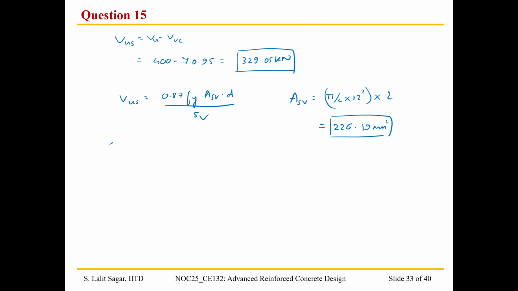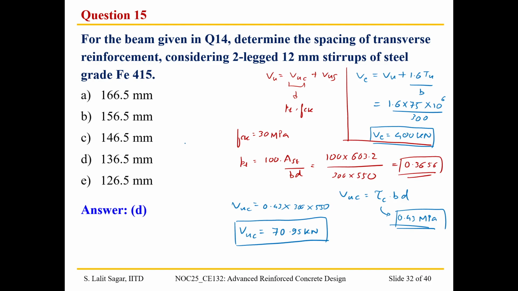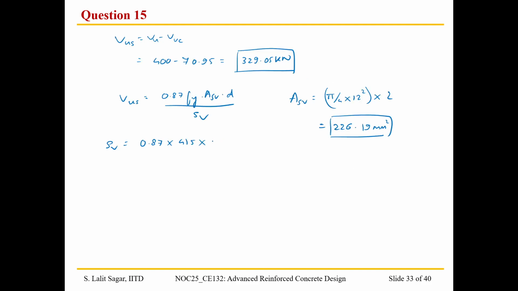So we have SV is equal to 0.87 into Fy, let us consider 415, into 226.19 into D, which is 550, divided by VUS.